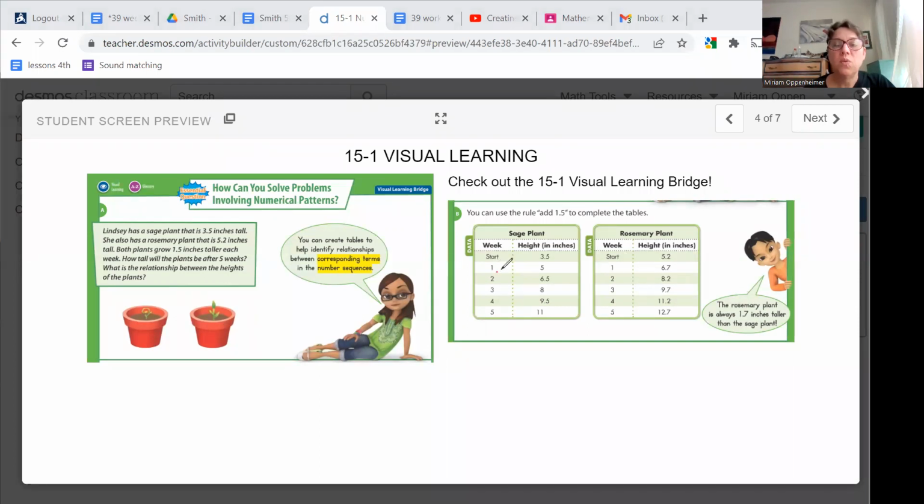information. Start at 1, and each time we're adding 1.5. But we didn't start at 1, we started at 3.5. And so 3.5 plus 1.5 is 5. And then plus 1.5, plus 1.5, plus 1.5, plus 1.5.